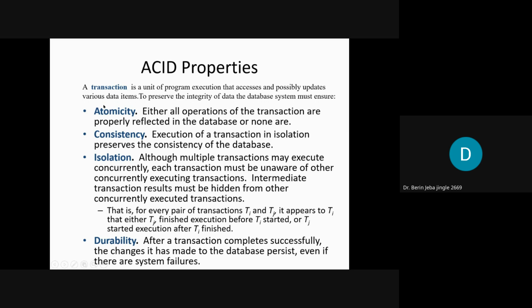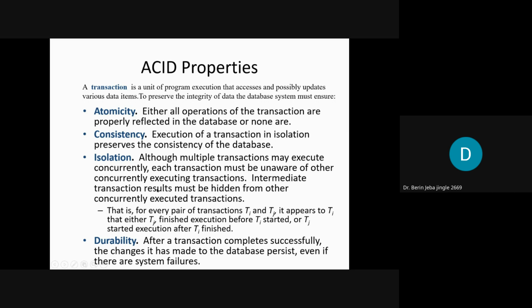What is atomicity? Whatever operations you are doing in the transaction must be properly reflected in the database. That is atomicity. What is consistency? Execution of the transaction in isolation preserves the consistency of the database. What is isolation?